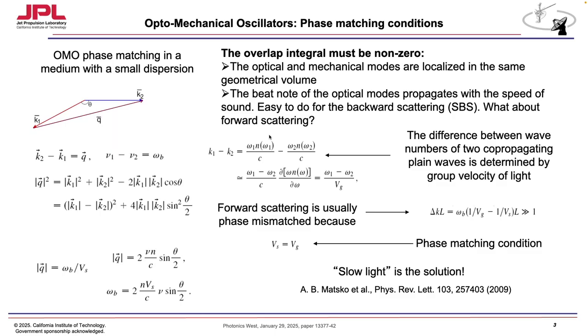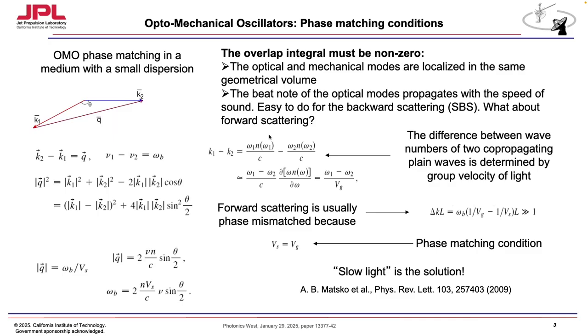After writing a simple relationship, we can find an expression for the frequency and wave vector value of the scattering. And as you can see, the scattering usually happens in the backward direction, and the frequency is given by refractive index and speed of sound in the material. So here we have the speed of sound.